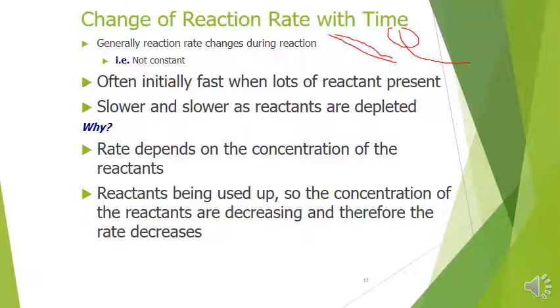But maybe you start out with 50 at the beginning. After 5 minutes, you might have only 20 left, and then these will be harder to find each other, and so the reaction is going to slow down. So the reaction is dependent on the concentration.